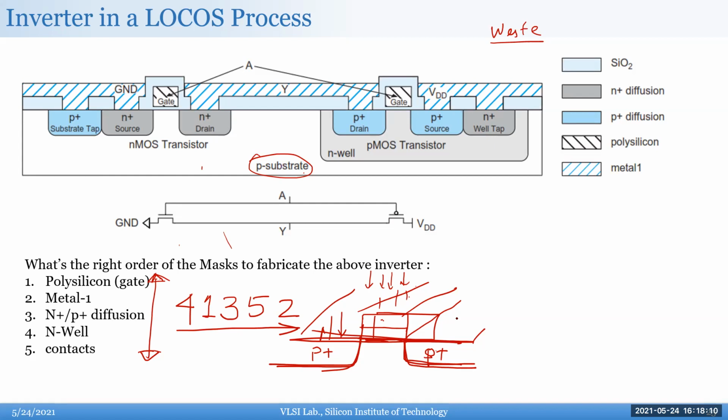Sir, SiO2 and metal layer under the soluble photoresist will be etched out. Which one? No, this is SiO2. Which SiO2 and metal layer are you talking about? The one shown in this figure?